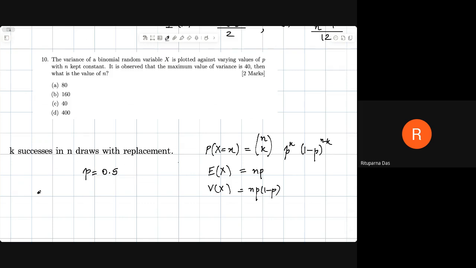We have variance as 40, so n into 1 by 2 into 1 by 2 is equal to 40, which means that n by 4 is equal to 40, which means n is 4 into 40, 160. That is the B option.